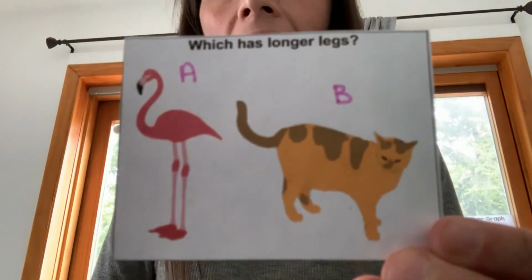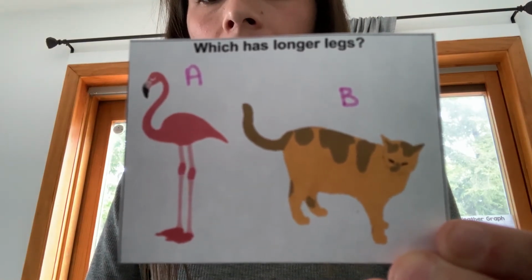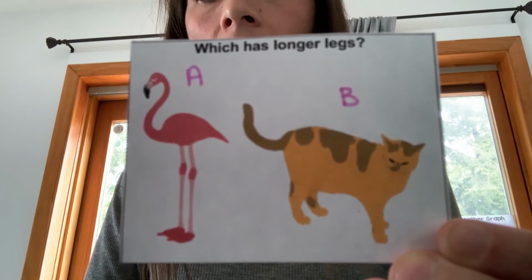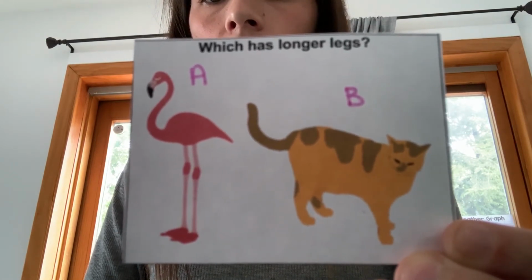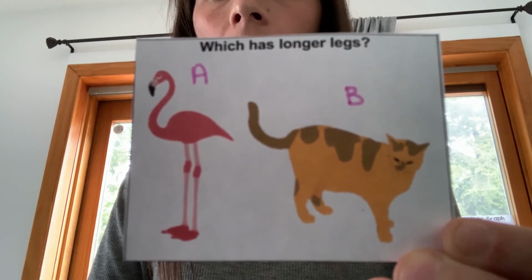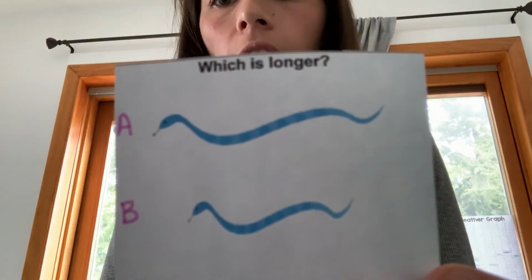Which has longer legs? I could put that into a sentence and say, the flamingo has longer legs than the cat. Or A has longer legs than B. Which is longer?